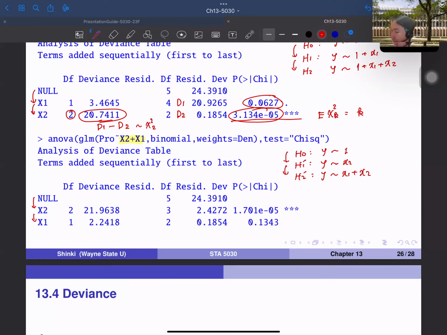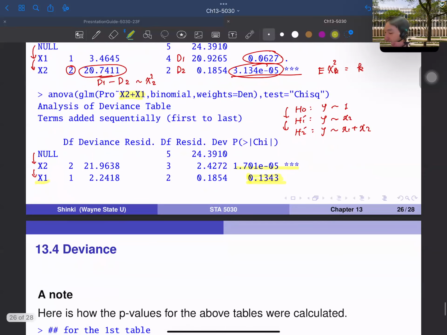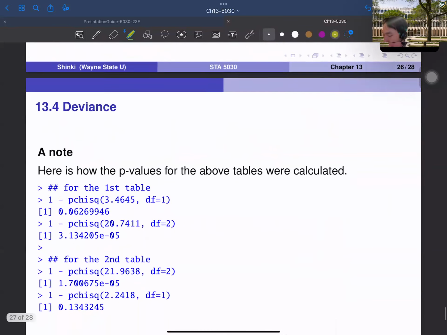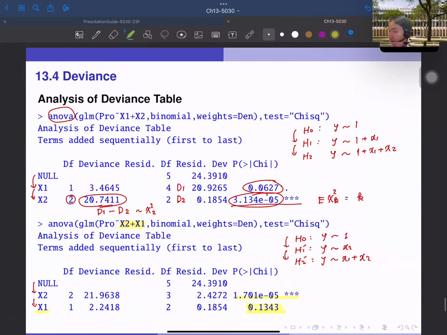In this case, X2 is certainly useful, but X1 doesn't have much additional information beyond X2, with p-value 0.13. So these 2 results are different because the test is sequential. The order of variables matters. In practice, you want to put the variable which should definitely affect Y first. Then after that, you can check whether X2 has additional information beyond X1.